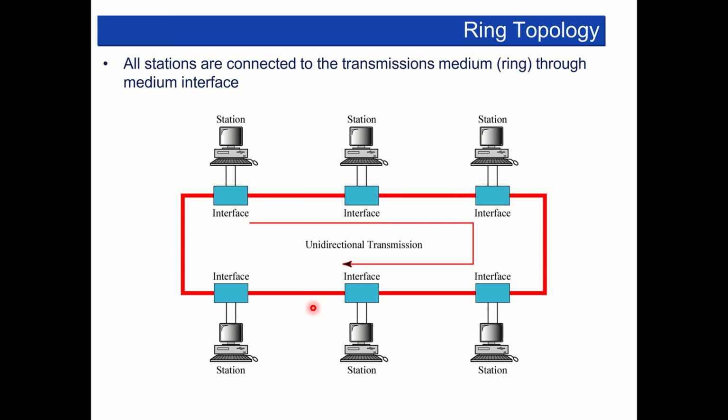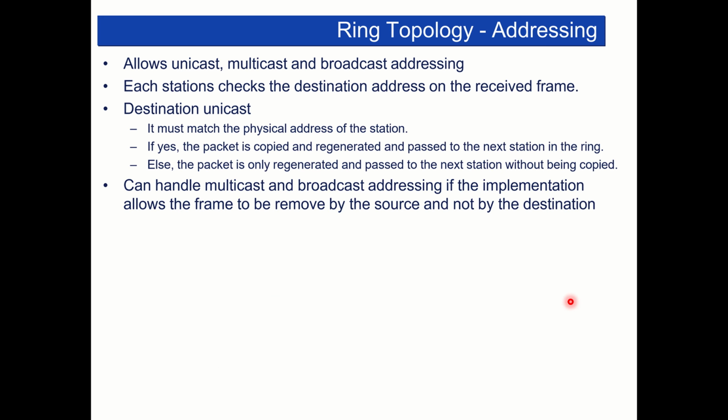Now let us look at the ring topology. Under ring topology, all stations are connected through the transmission medium ring through the medium interface. But notice here that the interface is no longer a passive interface. You can see that there is no terminator, and there is unidirectional transmission.